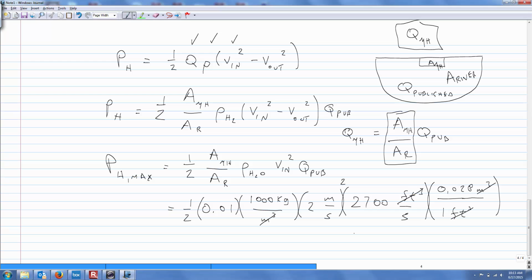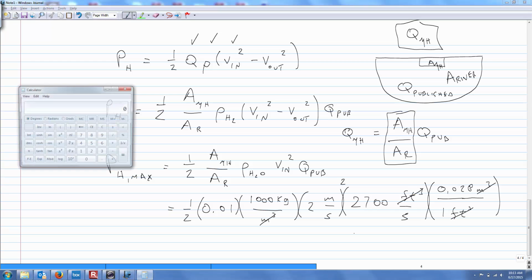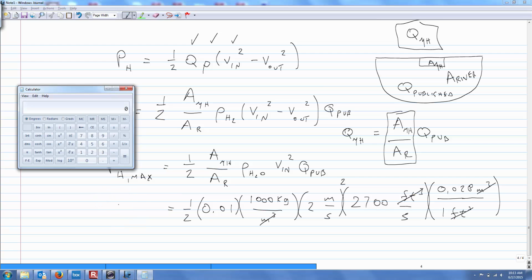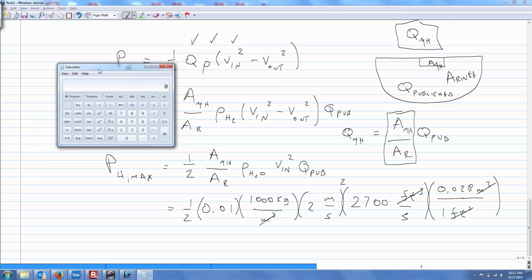All we have to do is the arithmetic now to get the answer. So let me do that. Hopefully we'll come up with something. And here's where, in physics labs, you're like, 50 megawatts, probably not. 2 microwatts, probably not either. So the moment of truth is here.